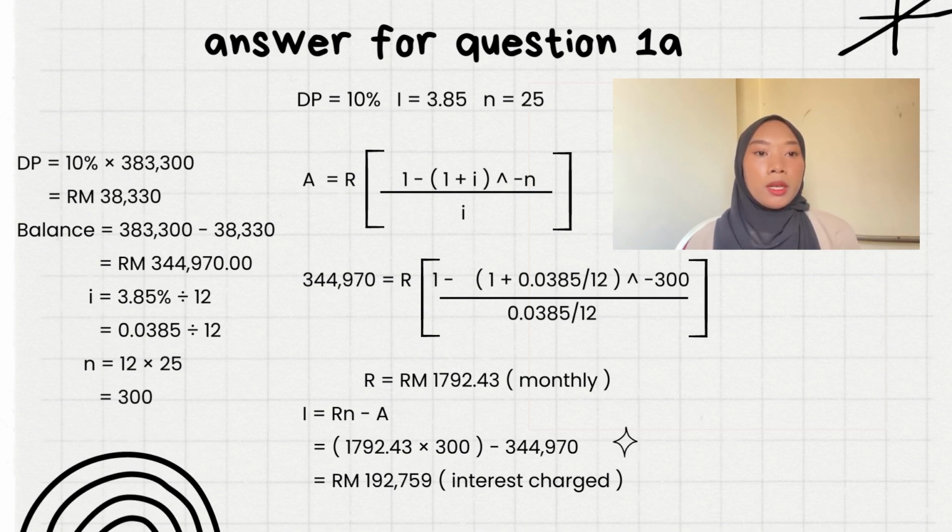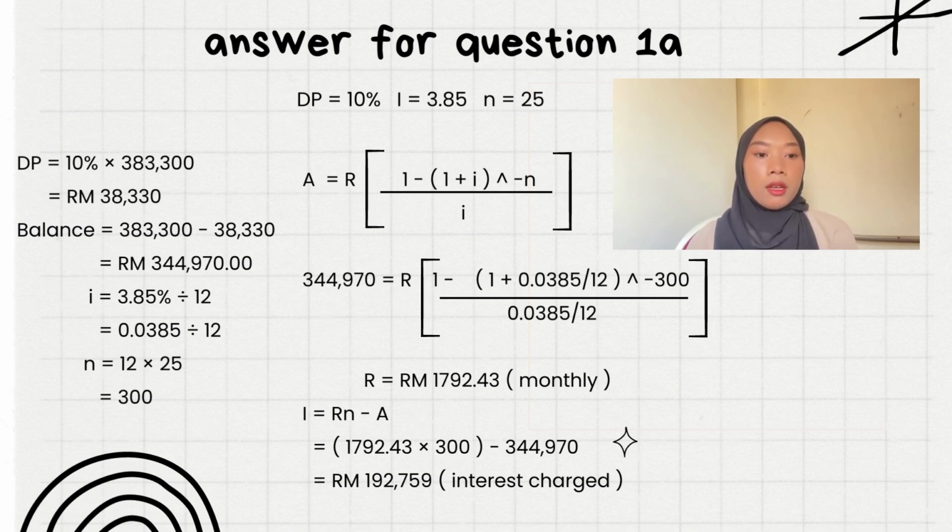So the R, or the monthly payment, is 1,792 ringgit 43 cents.